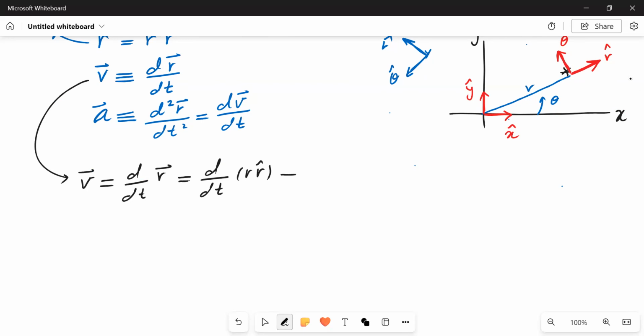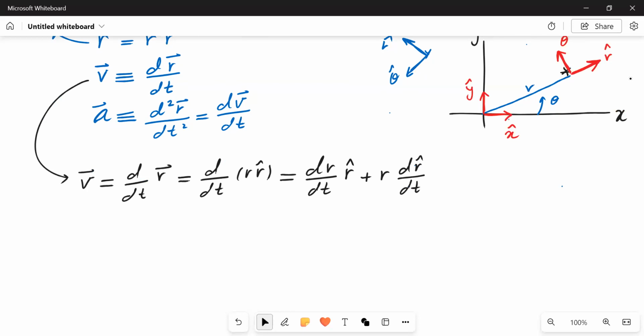Now, according to the product rule in differential calculus, this would equal the time derivative of the radial distance times the unit vector r hat plus the radial distance times the time derivative of the unit vector in the r direction.